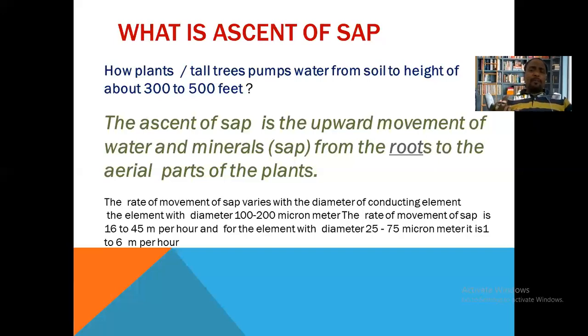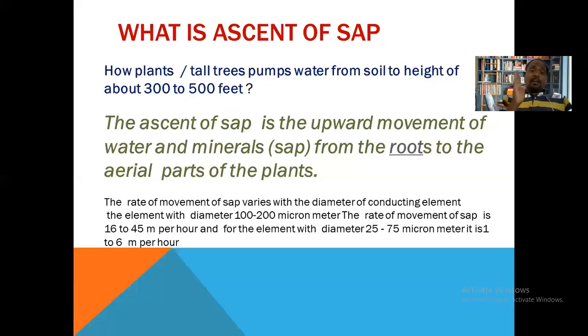The elements which form the path of the ascent of sap have small pores, and the diameter of these pores decides the rate of the ascent of sap. The path for the ascent of sap is formed by some kind of elements of the plants.